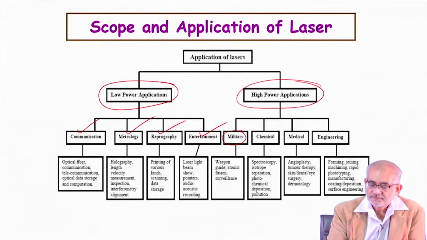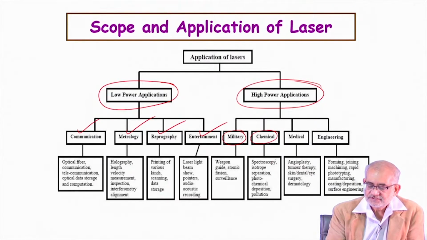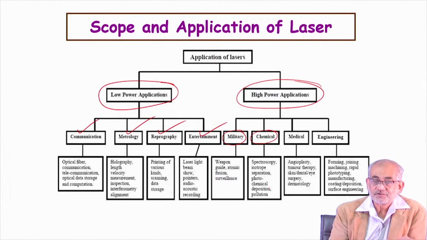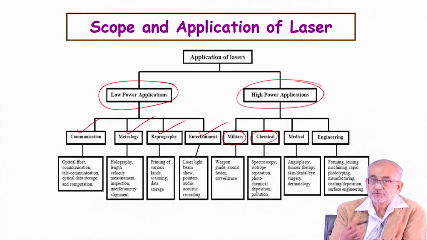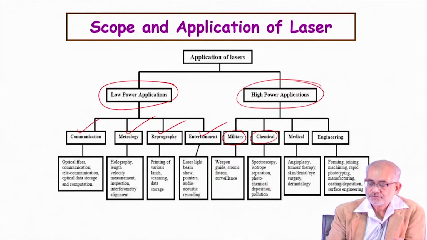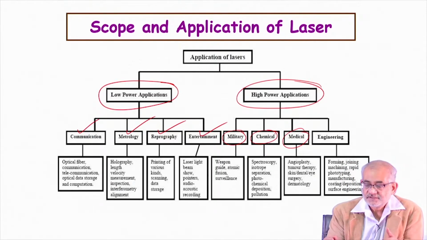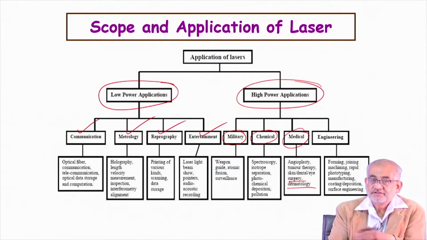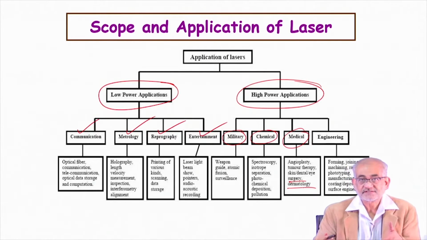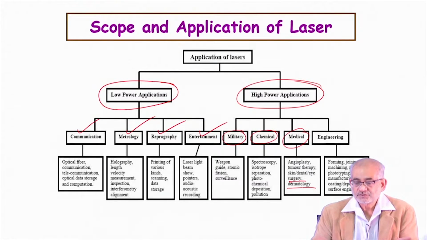In case of chemical applications, there are various kinds of spectroscopy, isotope separation, photochemical deposition, pollution control, conversion, and so on. Medical, there are a host of applications, starting from various kinds of therapies or angioplasty or surgeries, dermatology, treating various forms of cancer cells, and so on and so forth.